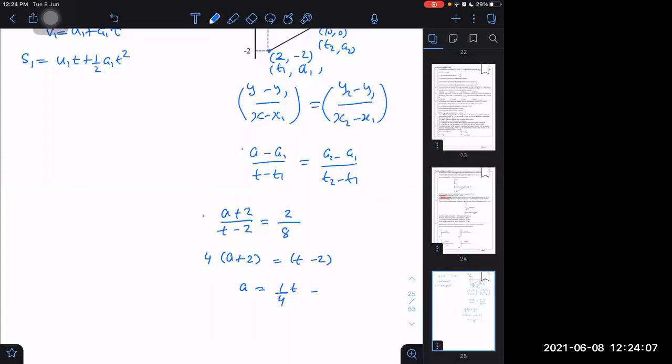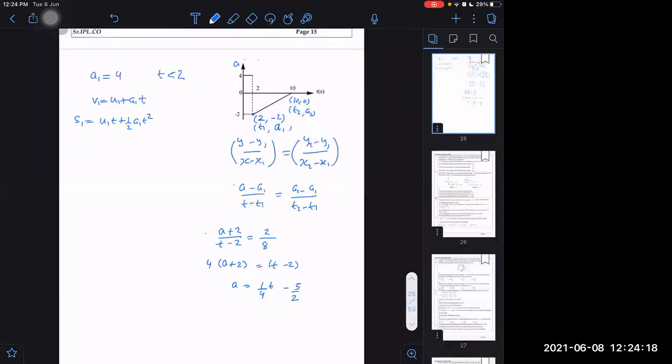Minus 1 by 2, total finally minus 5 by 2. Okay, right. This is the acceleration and this is valid for t greater than 2 seconds.